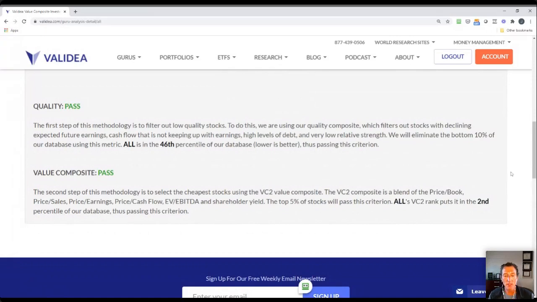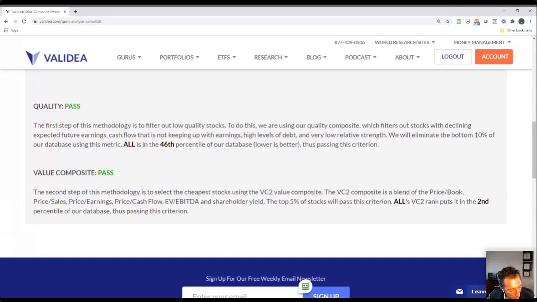It percentile ranks all stocks based on each of those value metrics, and then calculates a combined rank, and stocks in the top 5% based on the combined ranking get the highest score using this value composite strategy. In this case, Allstate is in the 2nd percentile of the database. It's not the first, it's in the 2nd, but that's still pretty solid.